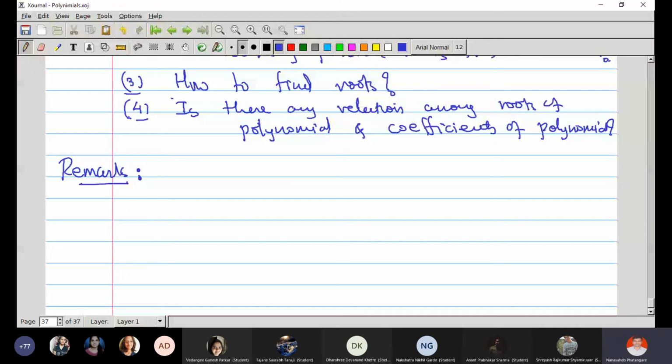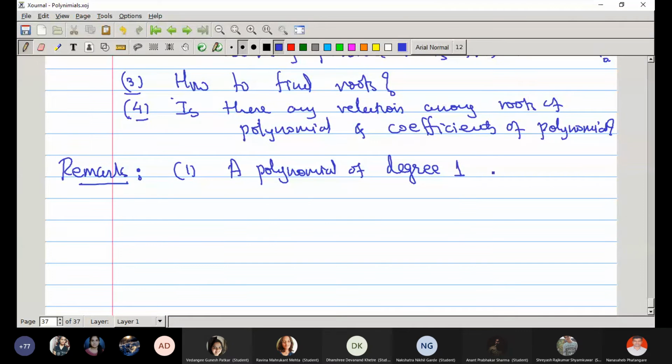So a polynomial of degree 1 is called a linear polynomial.